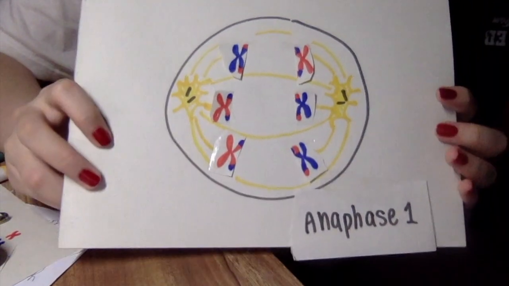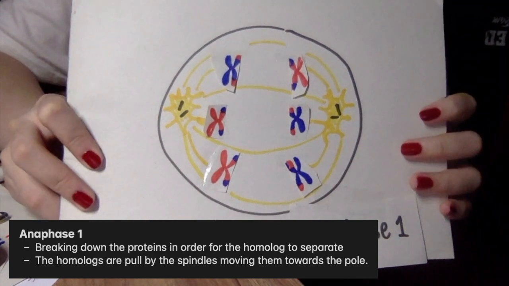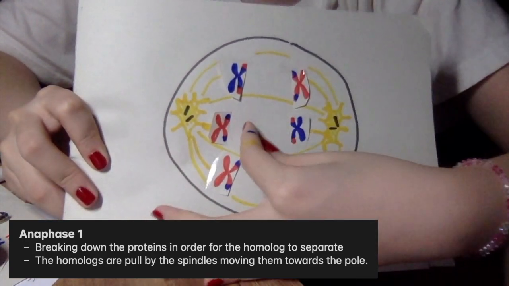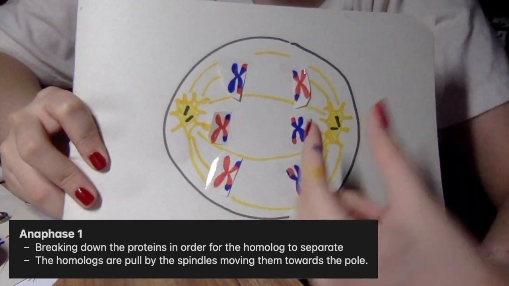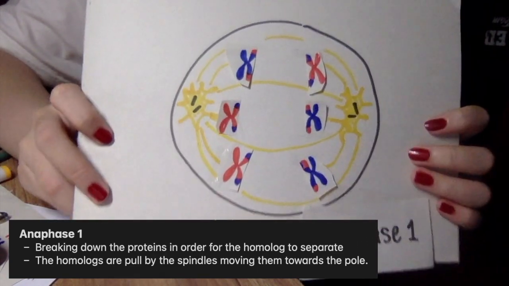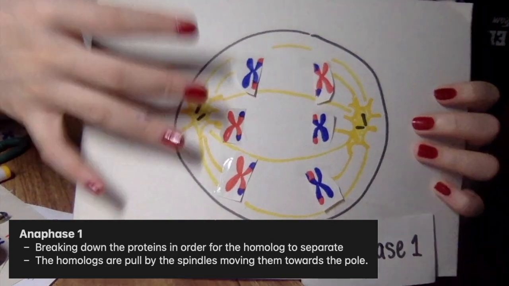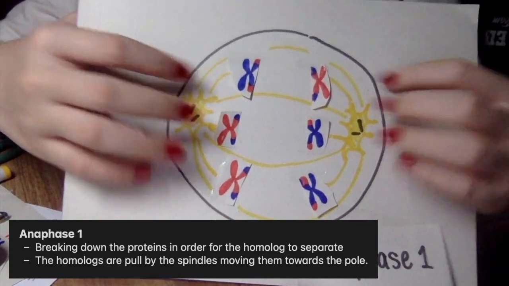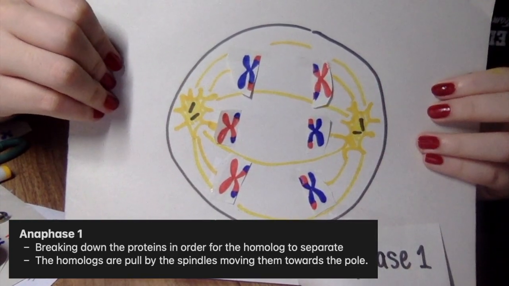And the anaphase will look something like this at the end, where the chromosomes are now split up. They were together and they split up in anaphase 1. It'll look like this, where the microtubules are kind of pulling them closer to them, like that.